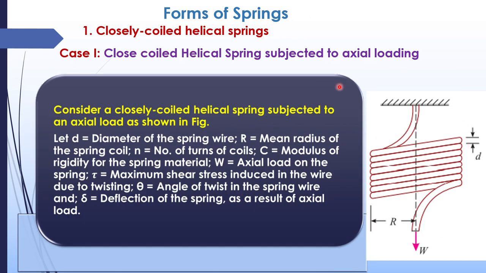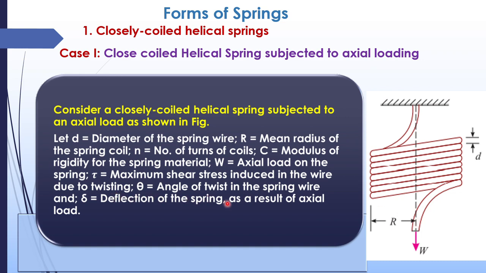First, a close coiled spring with axial loading. This is a close coiled spring acted on by an axial load W. The radius of the helix is capital R. The diameter of the wire which forms the helix is d. C is the modulus of rigidity, W is the axial load, tau is the maximum shear stress induced in the wire due to twisting, and theta is the angle of twist of the spring.